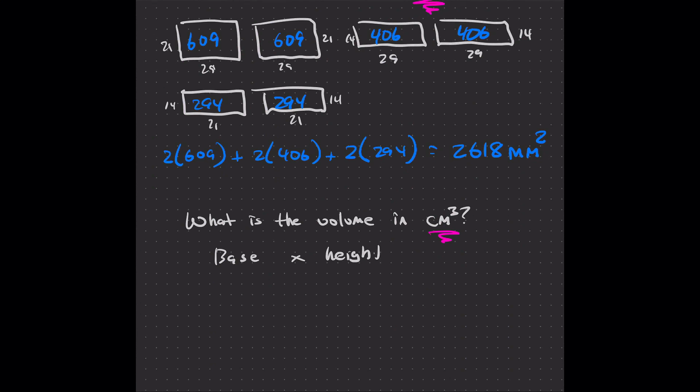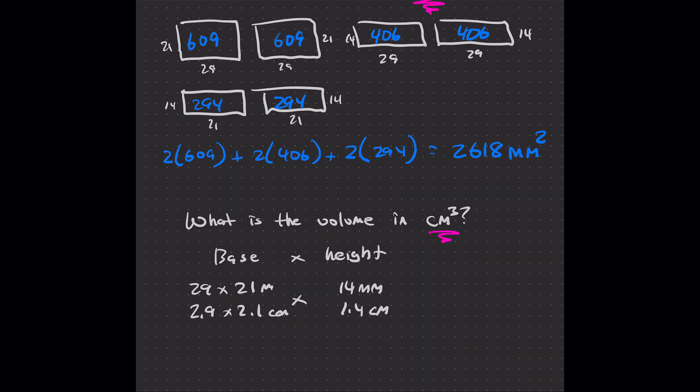The base is the base of the prism, which is going to be 29 times 21. Those are millimeters, and converted to centimeters, it's an easy conversion. That is just 2.9 times 2.1. The height was 14 millimeters, and that is going to convert into 1.4 centimeters.